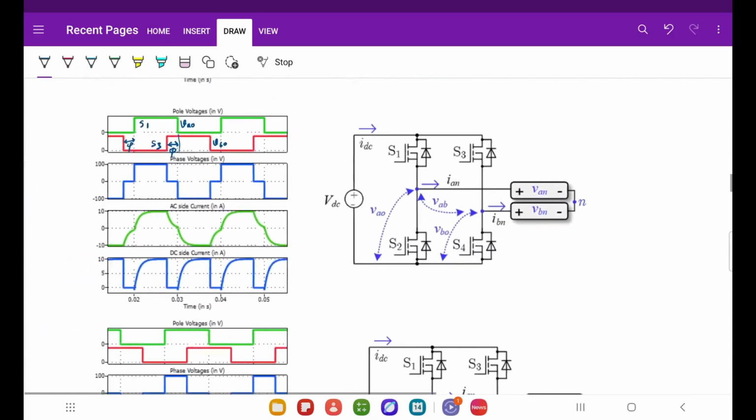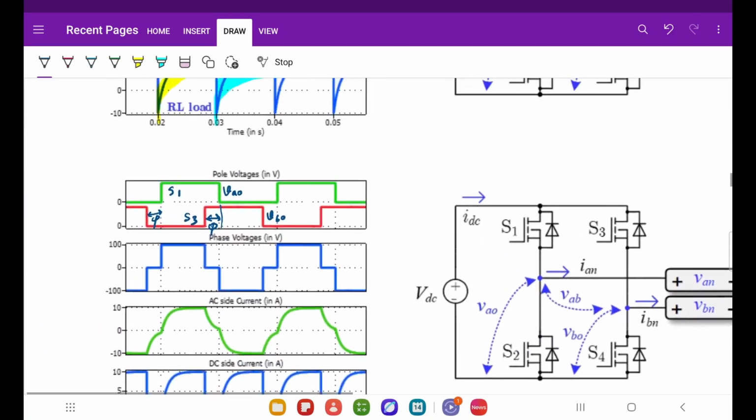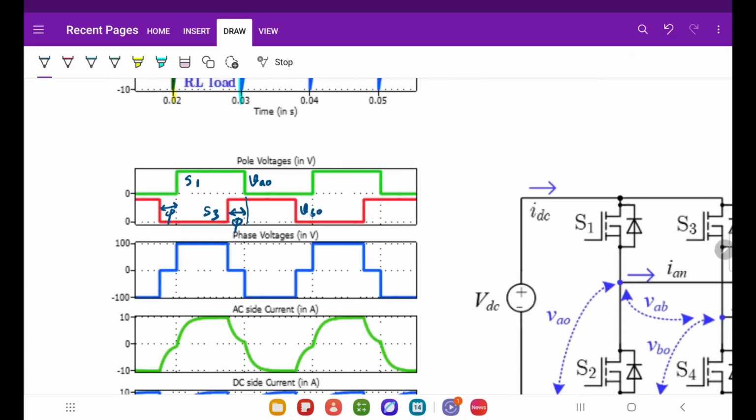Now if you apply a phase shift between S1 and S3, the same waveform repeats. VAO and VBO also have a phase shift phi like this. So you can see that for this period phi, there is an overlap period phi. Let's analyze what happens in this period.